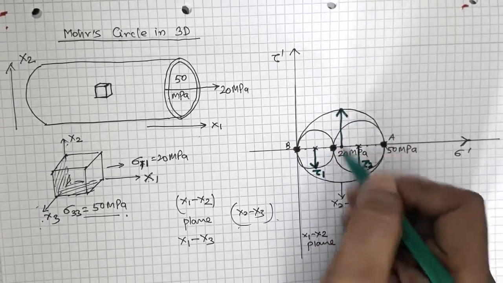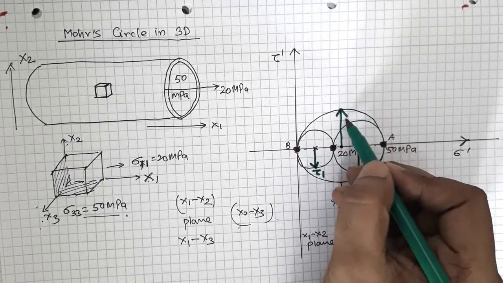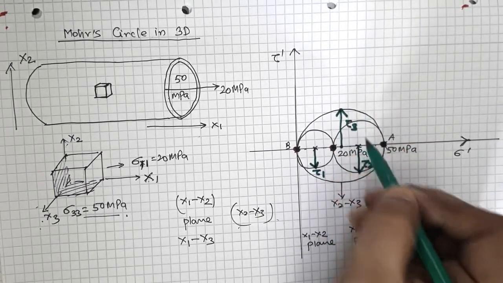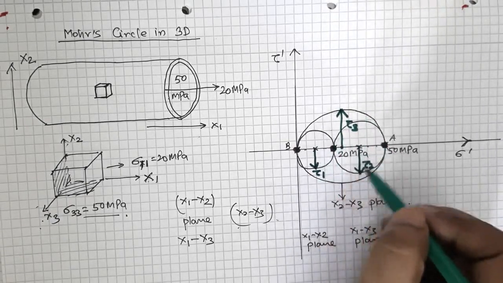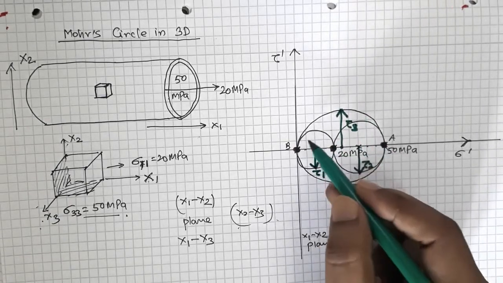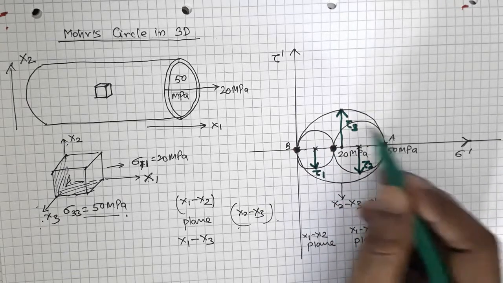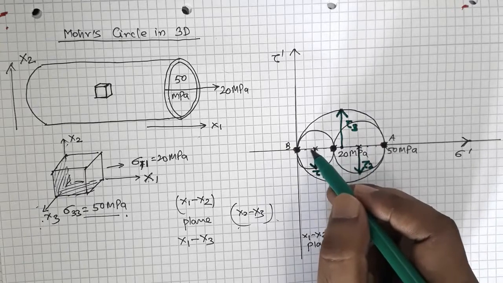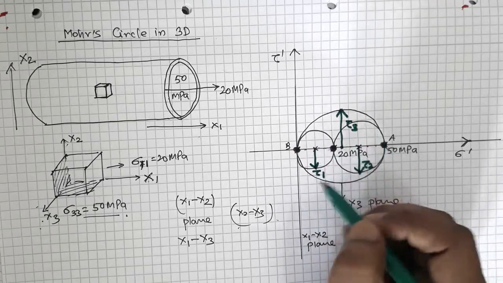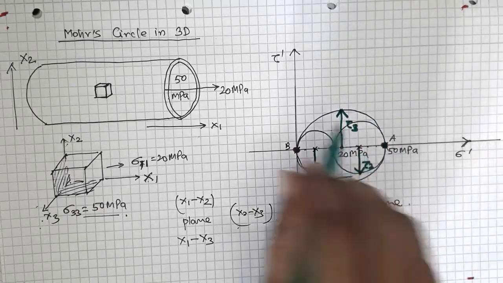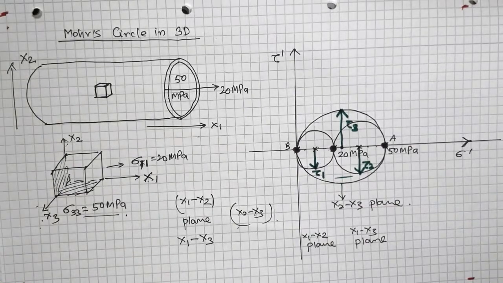Because it will become very crowded here, I'm drawing it there, so that will be tau 3, right? But the direction you will have to calculate. You will have to understand which shear stress will cause anti-clockwise movement and which will cause clockwise movement, and depending upon that you have to define the direction, whether it will be downside or upside. I am just drawing this to have a clear picture, right?